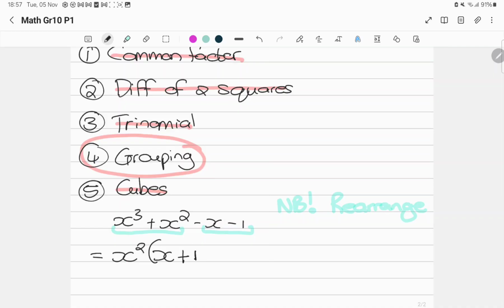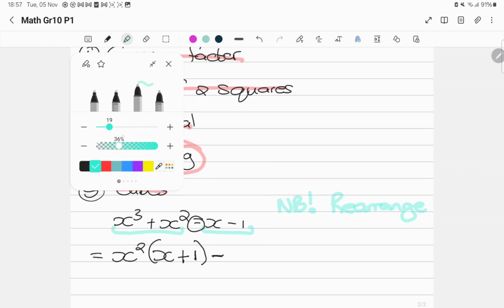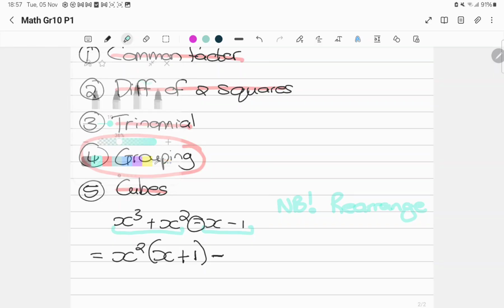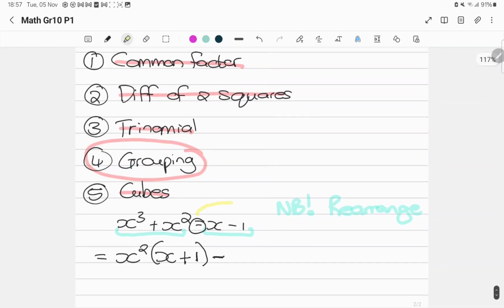I have a 1. What is in between my 2 groups is a minus. Very important: if this is a minus, then the sign there has to change. So if I have a minus in front, then this sign has to change from a negative to a positive.